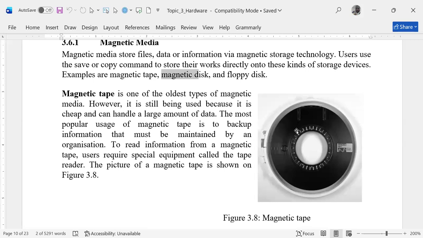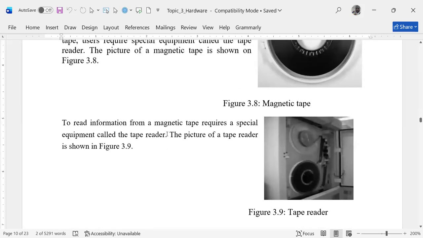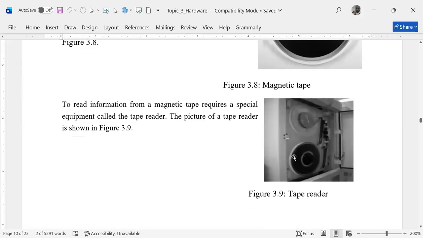Then you can use the restore, a spare copy, to work on. So magnetic tape is still in use, one of the oldest, used by big organizations to store a copy of their work.